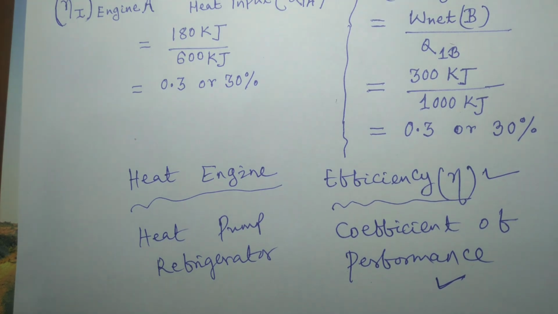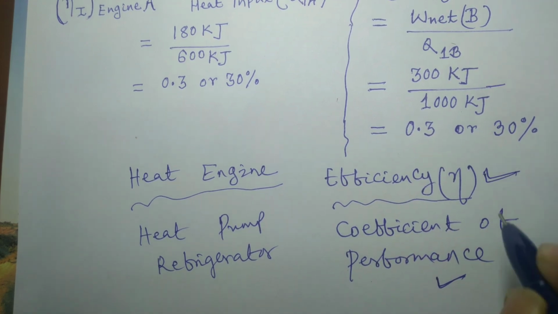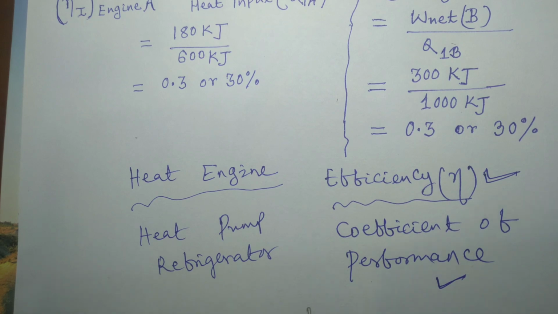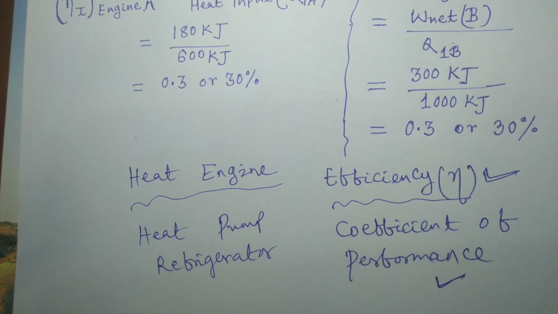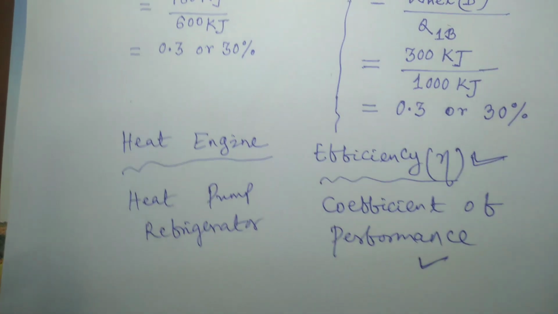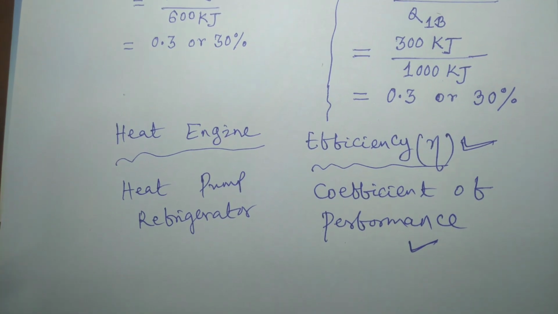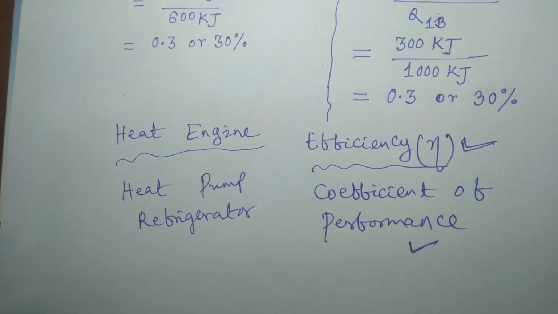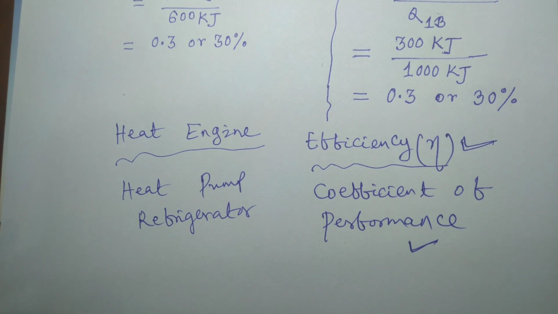That's why they are called first law performance measures, and this efficiency is called first law efficiency. So, for example, you see how first law efficiency, or simply thermal efficiency, what we calculate always, can be misleading sometimes. So then we'll go to second law efficiency.